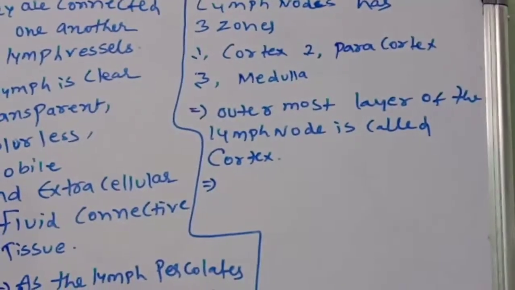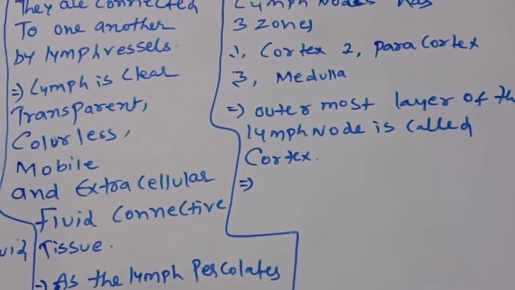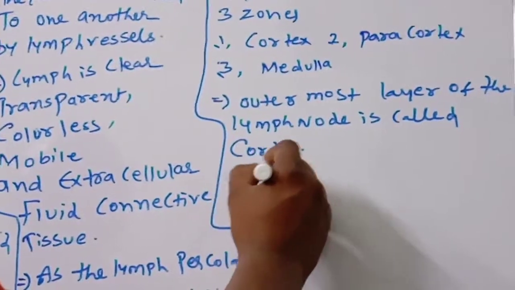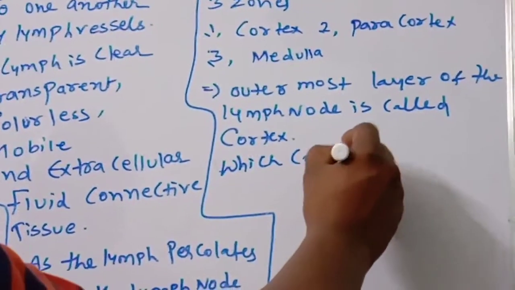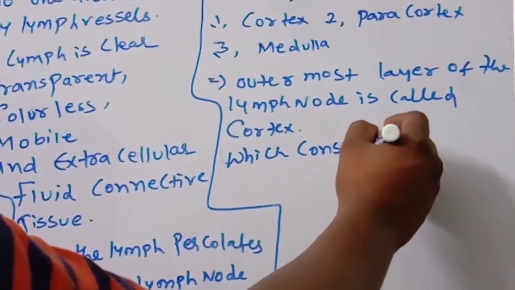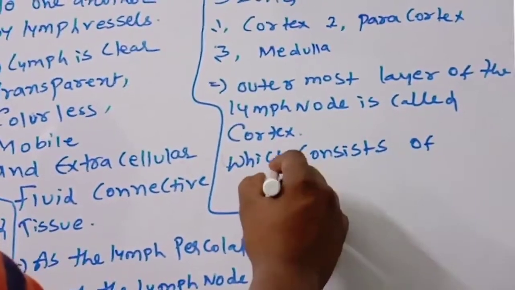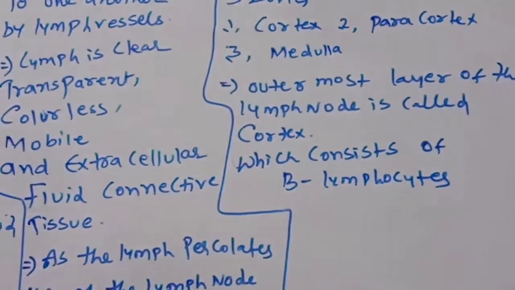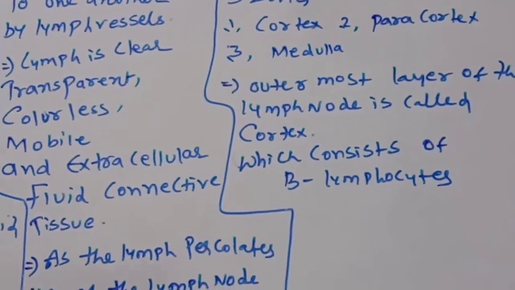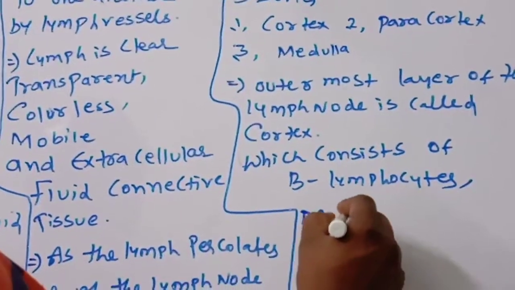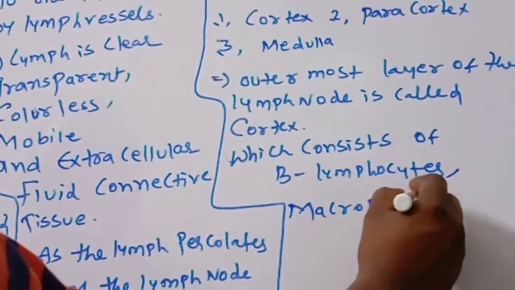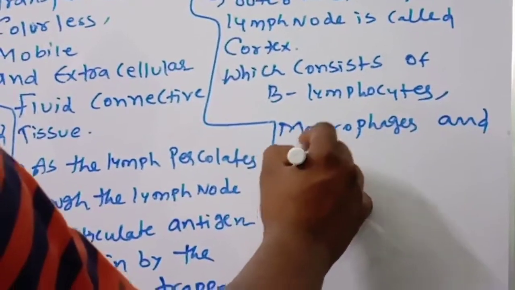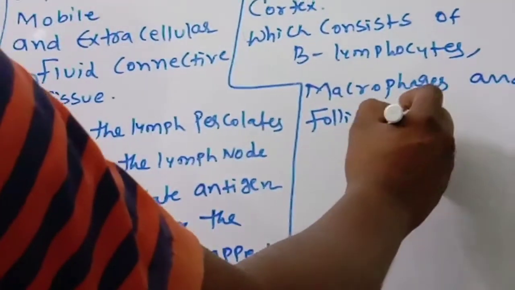The next important thing: the cortex consists of B lymphocytes, macrophages and follicular dendritic cells.